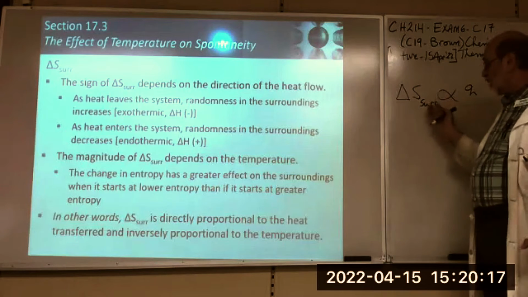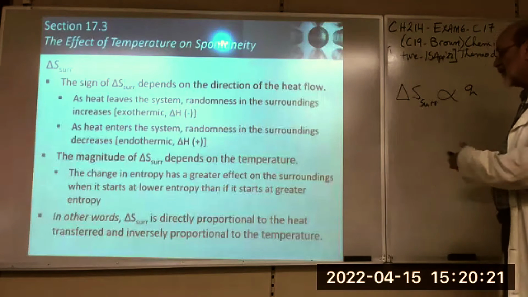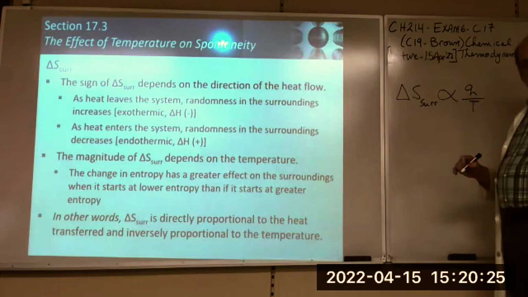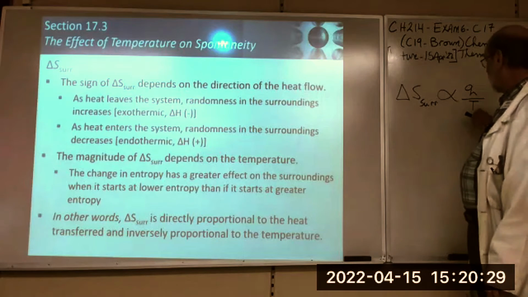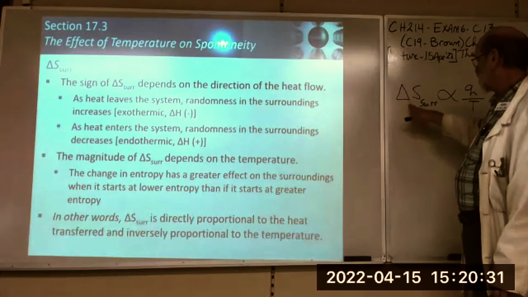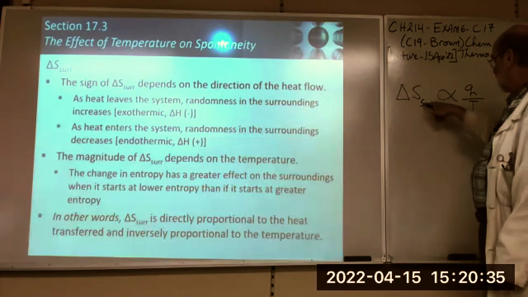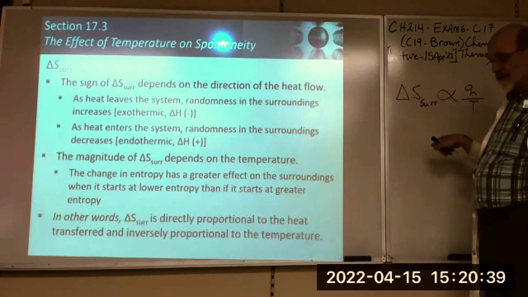So the more heat transferred, the greater the change, but it's inversely proportional to temperature. So if the temperature is greater, then the change in entropy is going to be less. So this relationship, delta S surroundings, is Q divided by T.